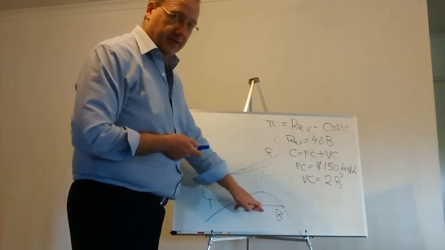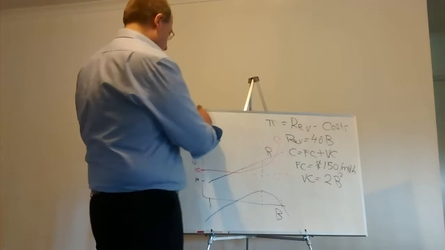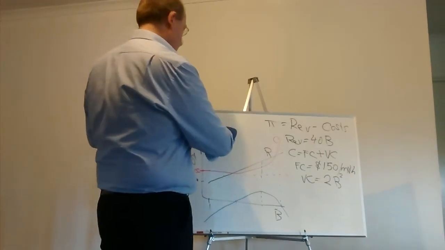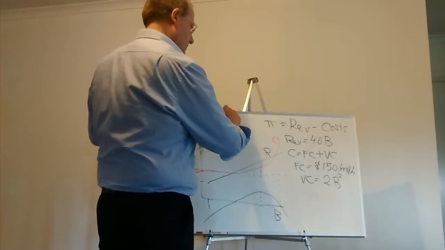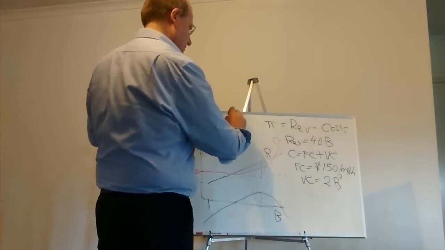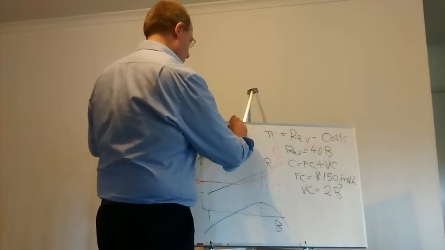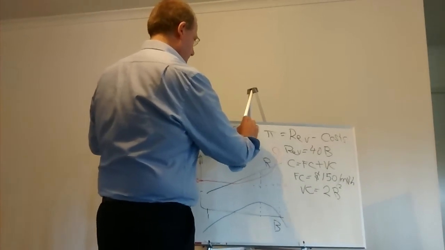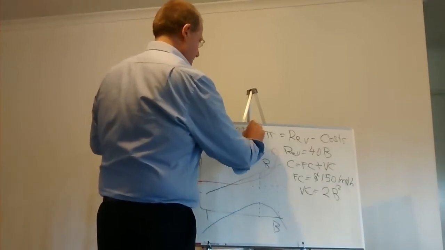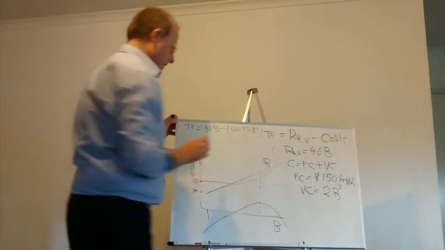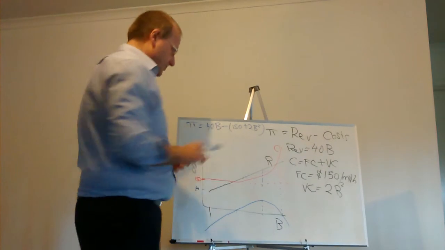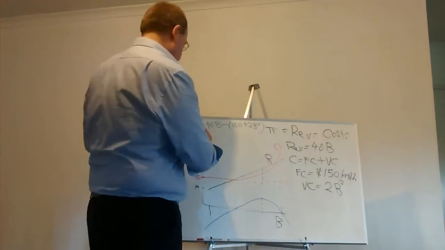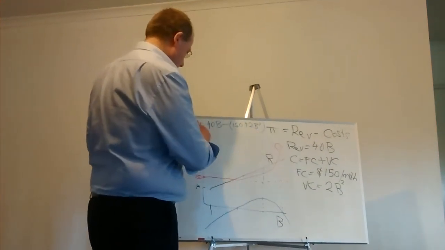And so what we now want to do is to try and solve this mathematically, to try and find out what this is. So we write our profit function, 40b, take 150 plus 2b squared. And to maximise, what we do is we take the first differential with regards to b.